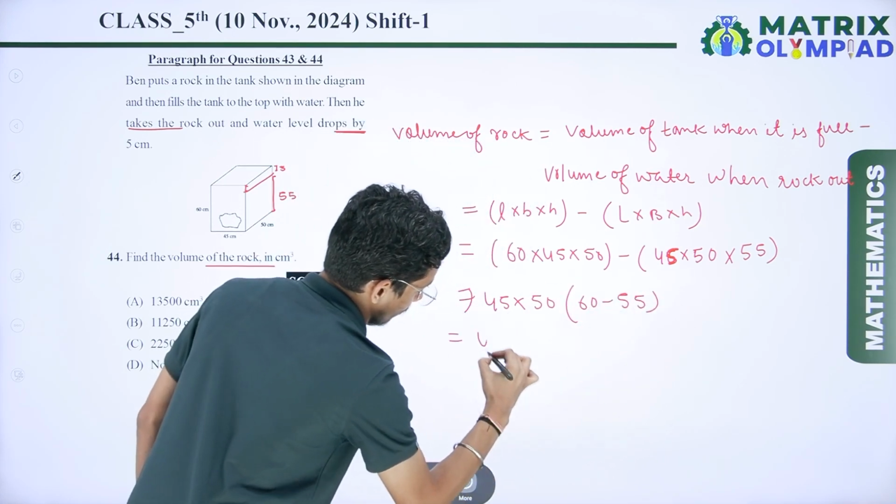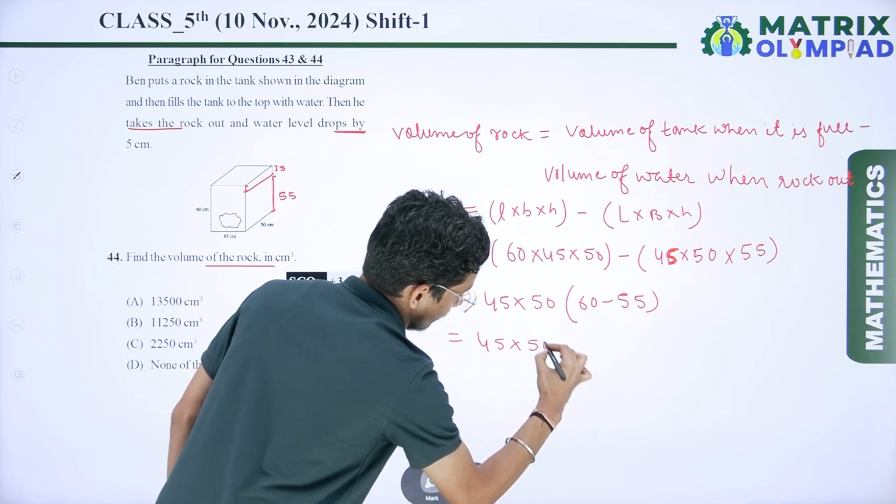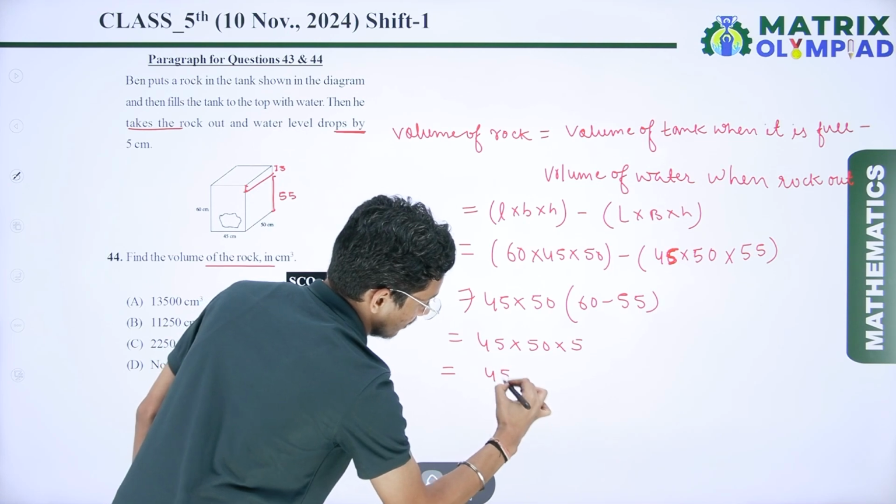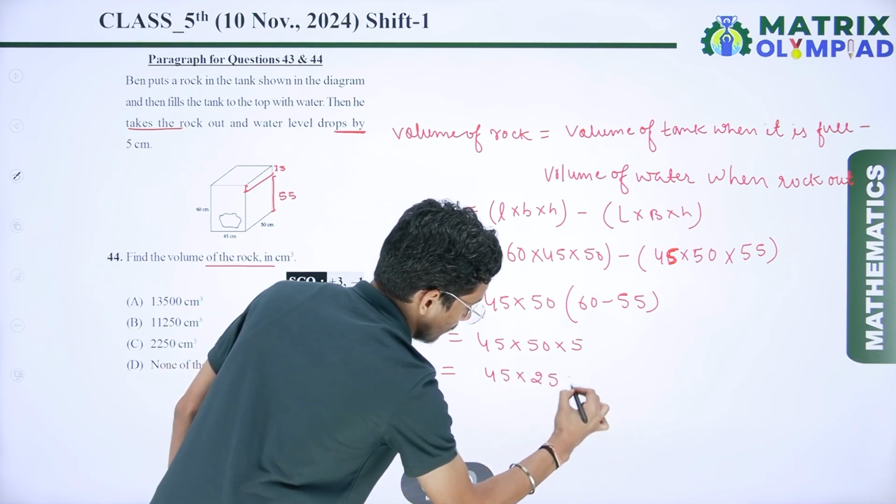So I can say 45 multiplied by 50 multiplied by 5. If I solve, I get 45 multiplied by 250.